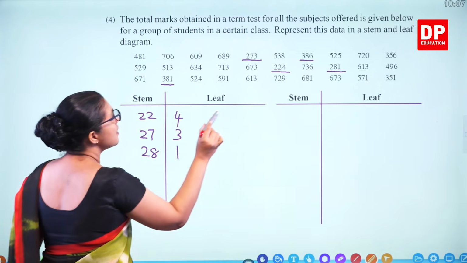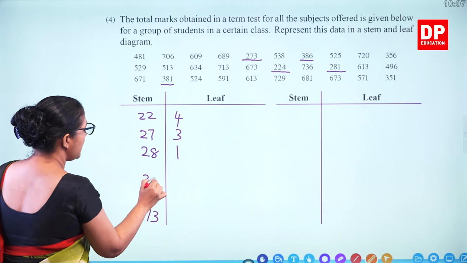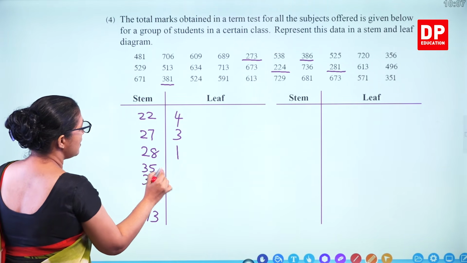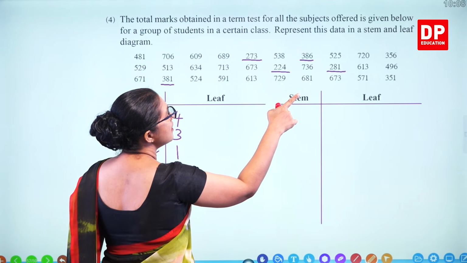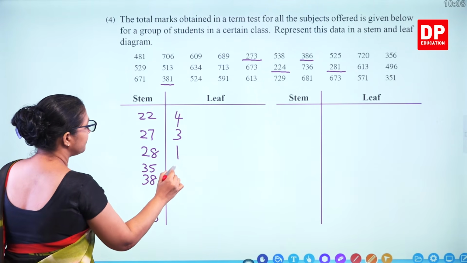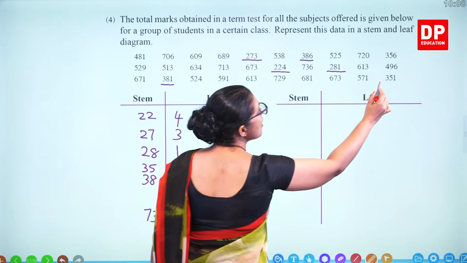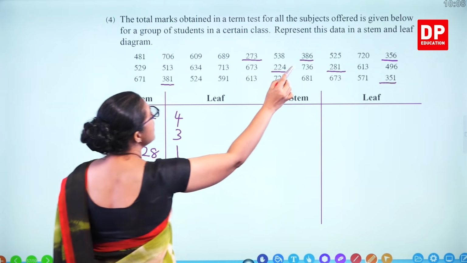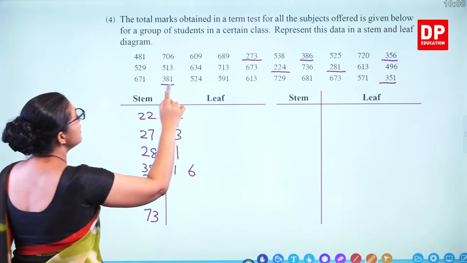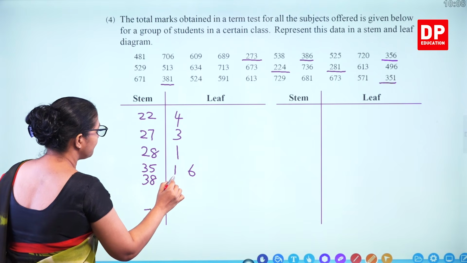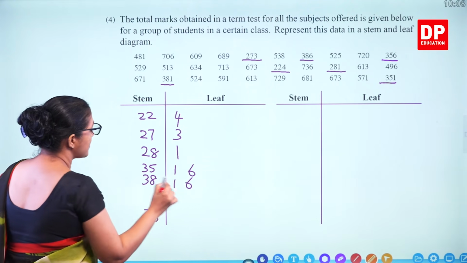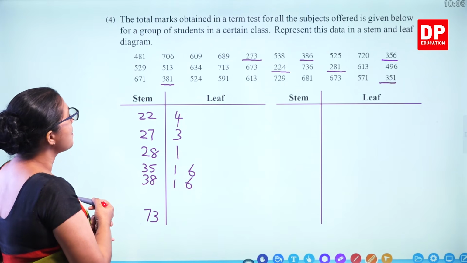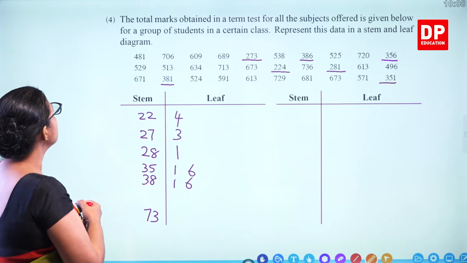So we'll first write down 38, but 35 you have 35, 1 and 6. I'll cross out those two. And 38 you have 6 and 1. 8 also 1 and 6. What else? Now we have 38.